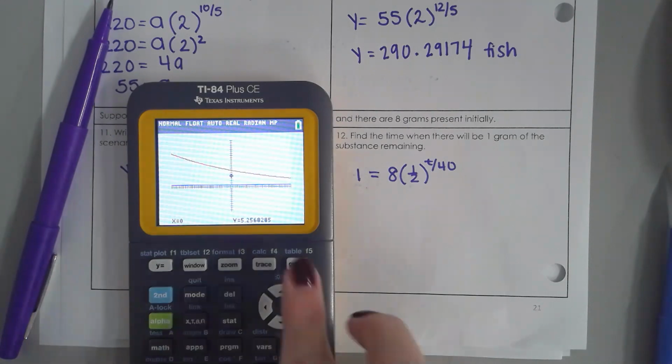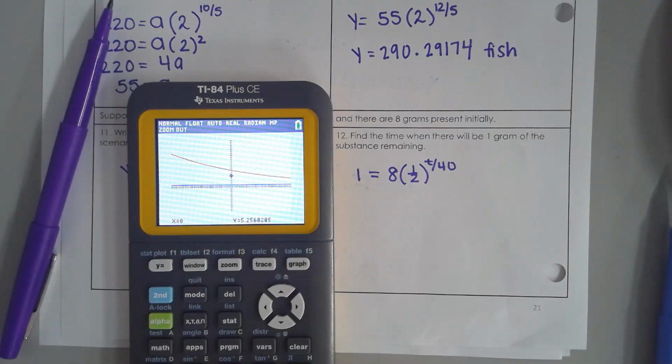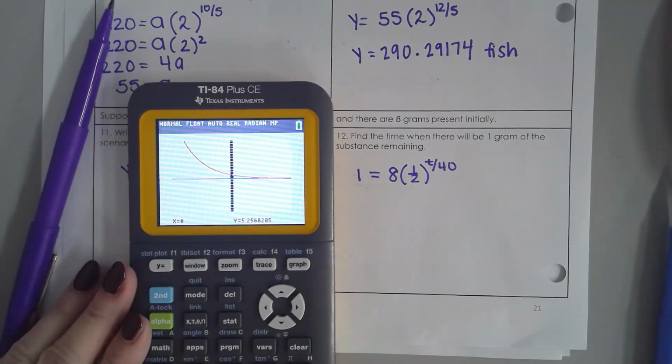Still didn't get it, but I'm close. So I could zoom out again. Okay, so this might be enough to find out where they cross. You could also just hit the window button and change the numbers on the window. You just have to get the graph to show your two lines.